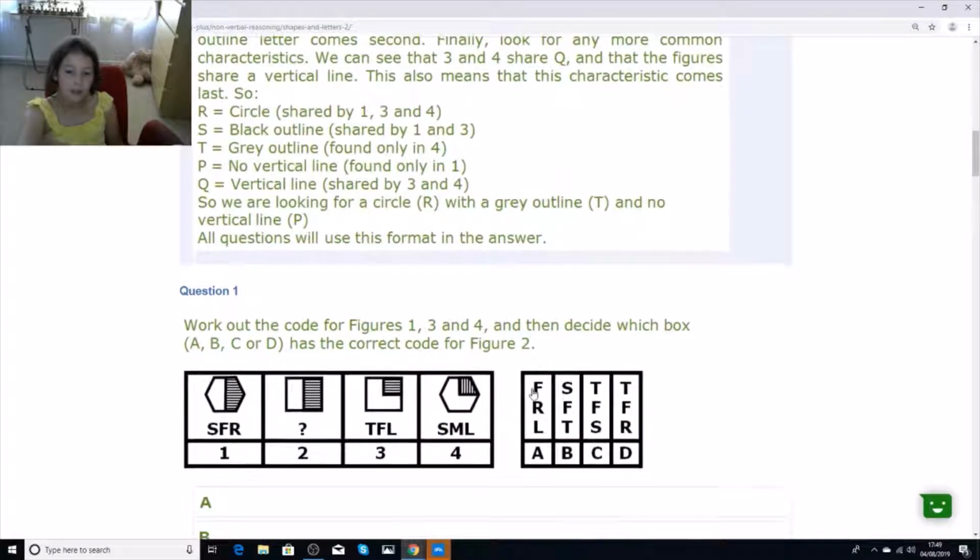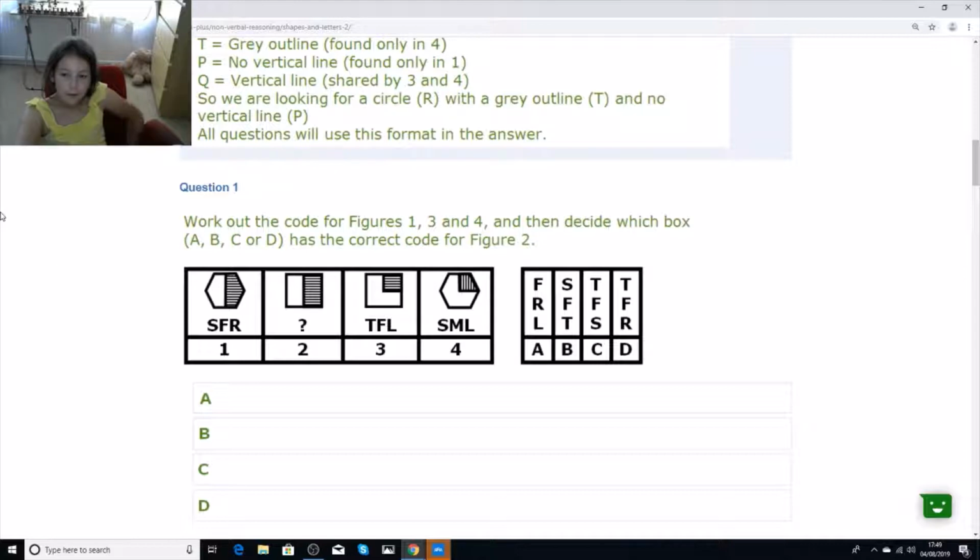So, question 1. Here we have the shapes, 1, 2, 3, 4, 5, 6, a hexagon and a square. As you can see, we need to find the common characteristic in them all. So firstly, 1 and 4 share S. S must mean hexagon.